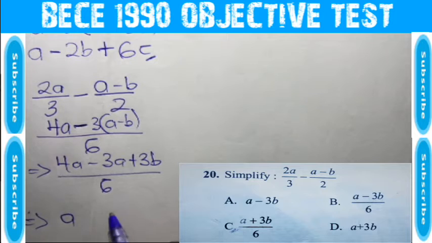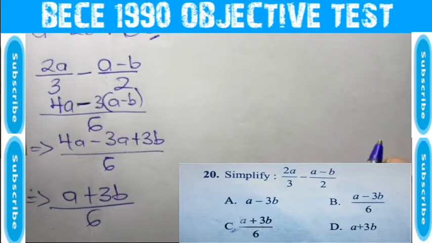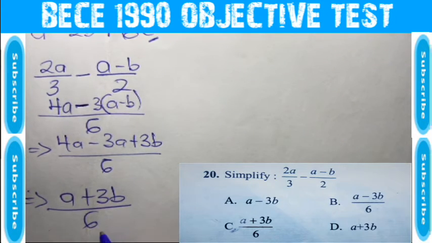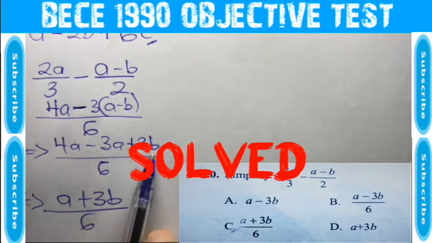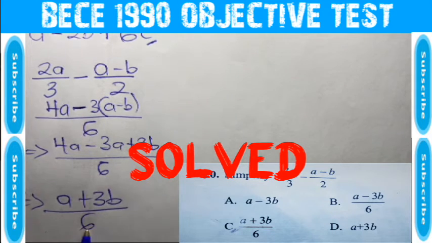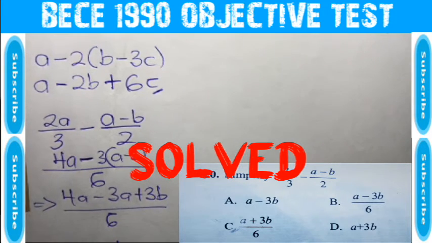So a plus 3b out of 6. And this is the final answer to the question. 4a minus 3a is a, then plus 3b out of 6. So we are done with question 20.